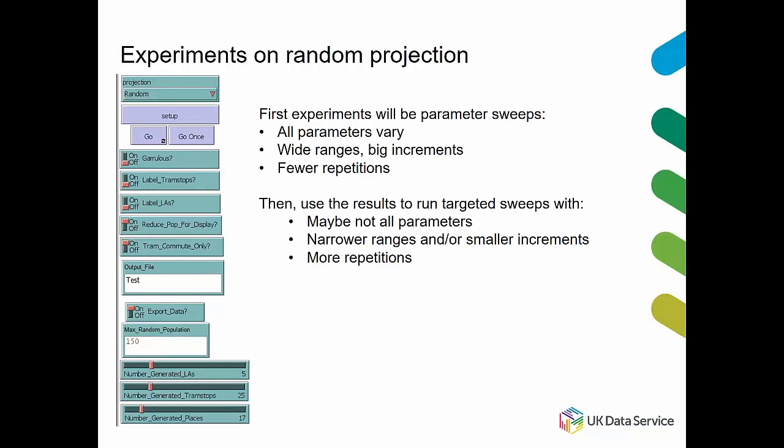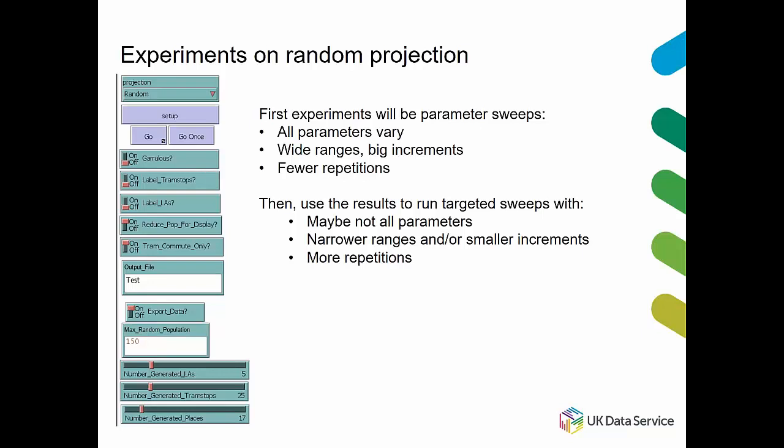Based on what you see happening, whether you do get bizarre results or weird unexplained things, you can run targeted parameter sweeps that maybe use some parameters but not all of them, use narrower ranges and smaller increments, and maybe some more repetitions. So for example, maybe in my first parameter sweep, I noticed that there is no discernible difference between tram commute only set to true and tram commute only set to false.